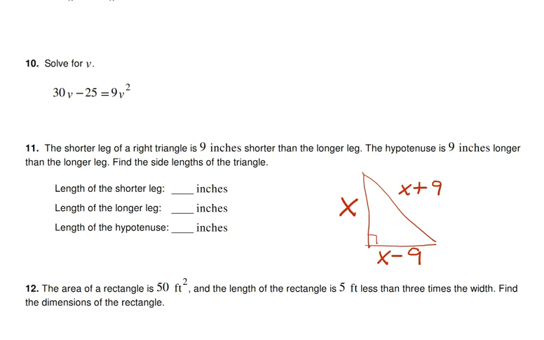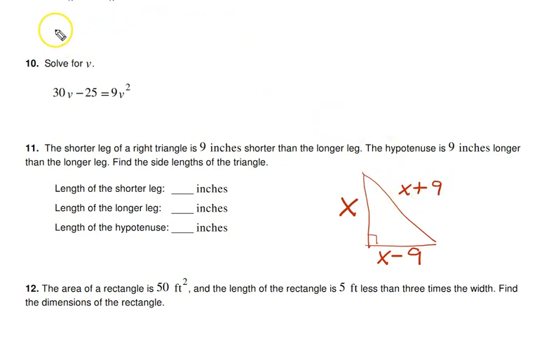And what we're saying is, there is a long leg, which we'll call x. Now, the shorter leg is 9 inches shorter than the longer leg. So there's x. This is a short leg, x minus 9. And the hypotenuse is 9 inches longer than the longer leg, so it would be x plus 9.